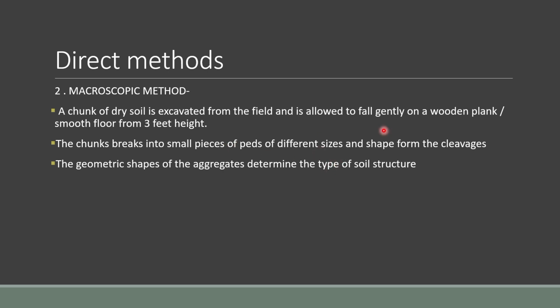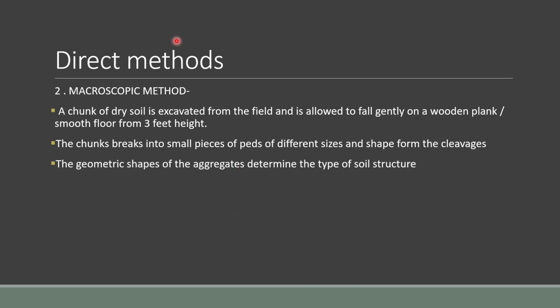According to the shape of the aggregates, we say which type of soil structure is there. If it is plate-like, we say it is platy. If it is round, we say it is granular. If it is block-like in shape, we say it is blocky.